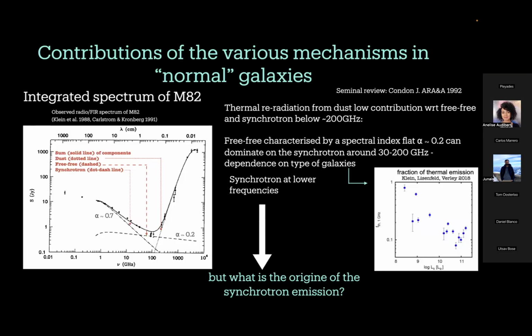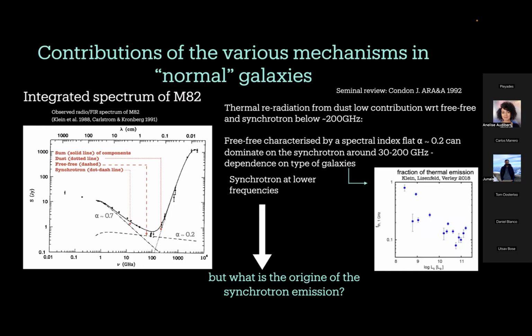So in summary, the synchrotron can be the dominant mechanism. There are papers that I'm sure you are aware of, or could be interesting, that show how, depending on the type of galaxy, the free-free can become more prominent. Dwarf galaxies seem to have this.